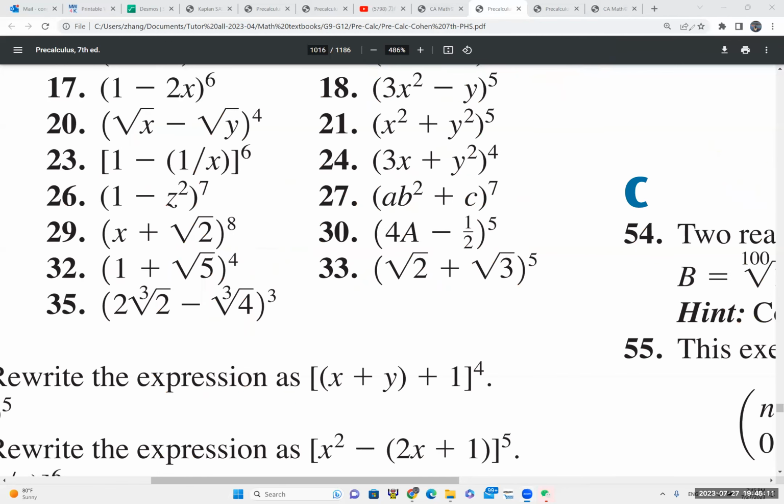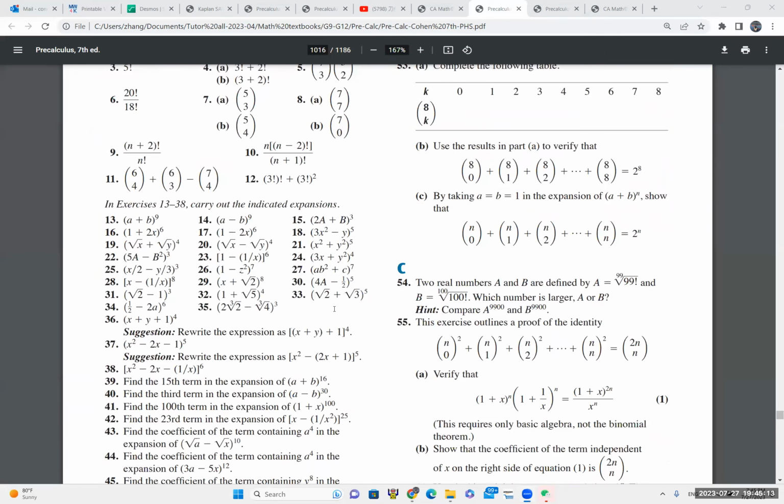Okay, that's all for this section. You can spend more time on it yourself.